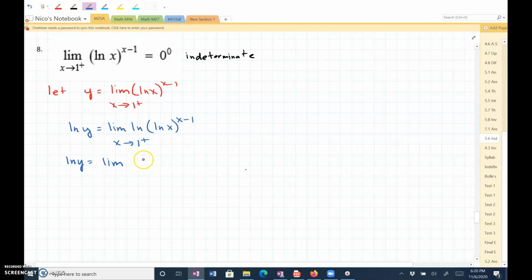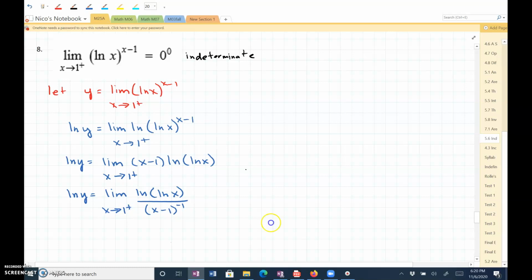So I have the limit of x minus 1 times the natural log of x as x approaches 1 from the right. Then I'm going to take the limit of the natural log of x all over x minus 1 to the negative first power as x approaches 1 from the right.